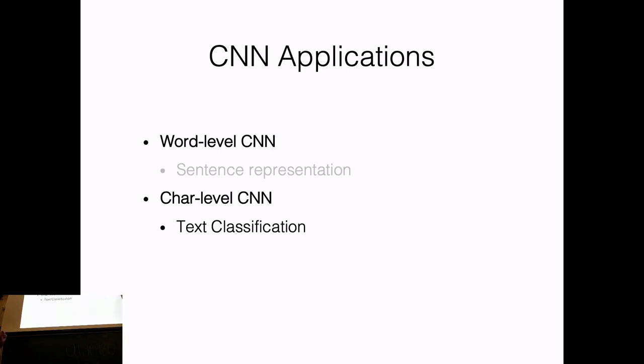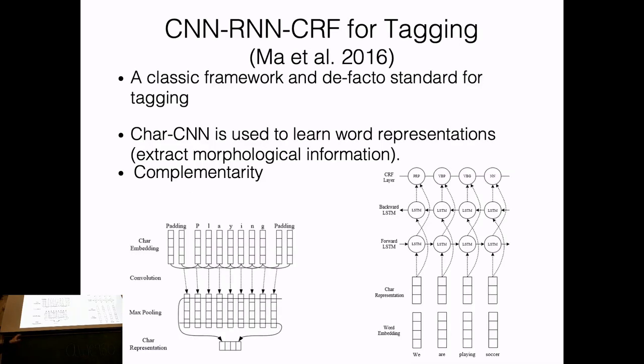Then another application is the character level CNN. Actually, it's not text classification, it's tagging. So what does tagging mean? Tagging is a very fundamental task in natural language processing. Given a sentence, you should predict a label for each word of the sentence. That's what tagging should do.